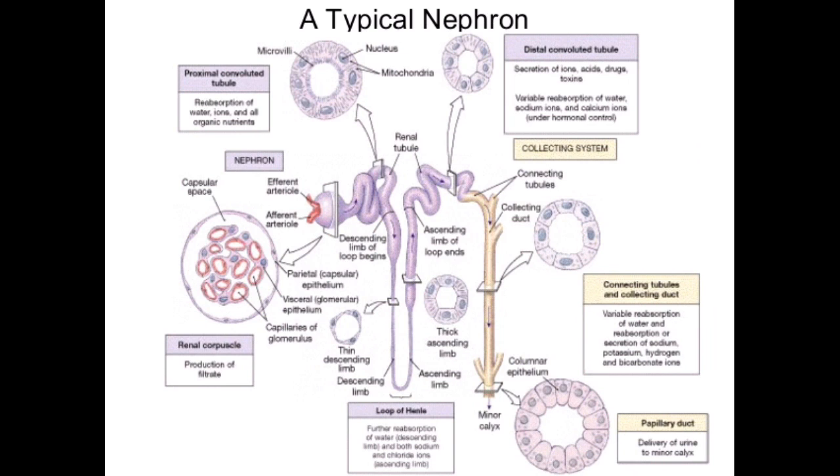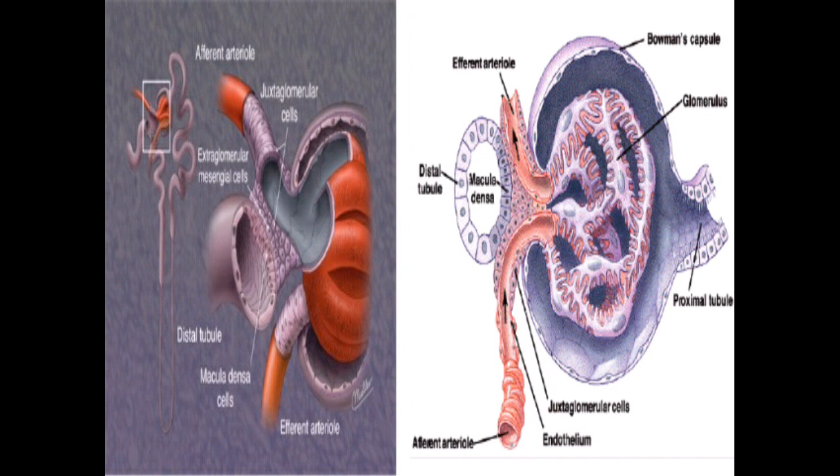Loop of Henle having the 2 arms, descending arm and ascending arm. Then distal convoluted tubule, then collecting duct. See the colorful picture of the Bowman's capsule and glomerulus, where the filtration of blood takes place.